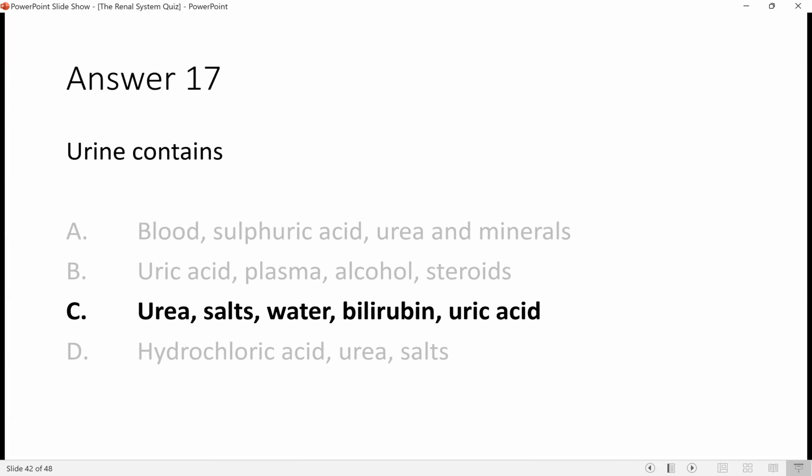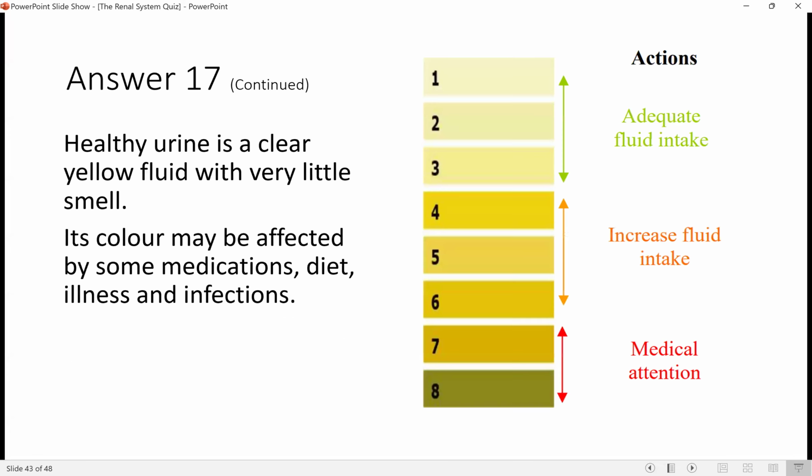And answer 17, urine contains urea, salts, water, bilirubin, and uric acid. So if we look at healthy urine, it's a clear yellow fluid. And this little chart says, if you've got a dark urine, you need to increase your fluid, and if you have a sort of greeny brown, you need to seek medical attention.